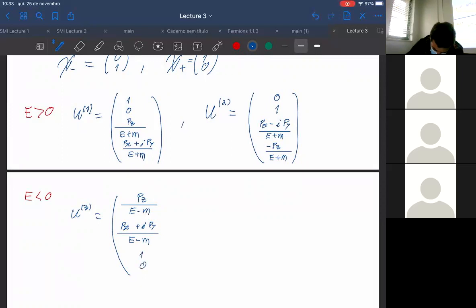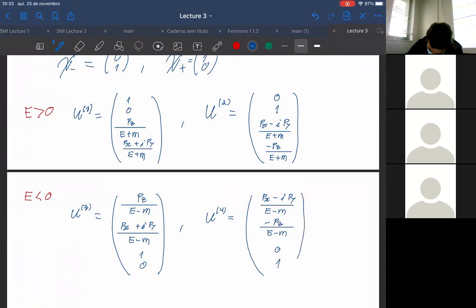So this is the plus solution. And u4 equal to px minus i py over E minus m, minus pz over E minus m, 0, 1.